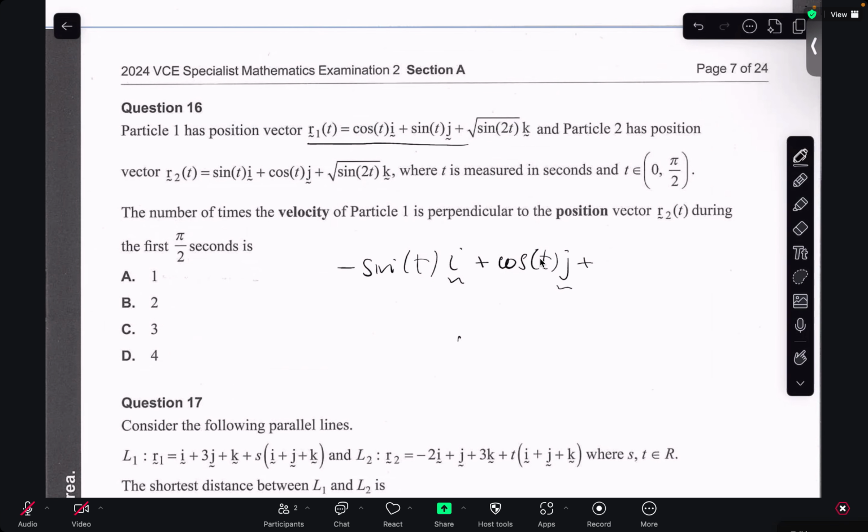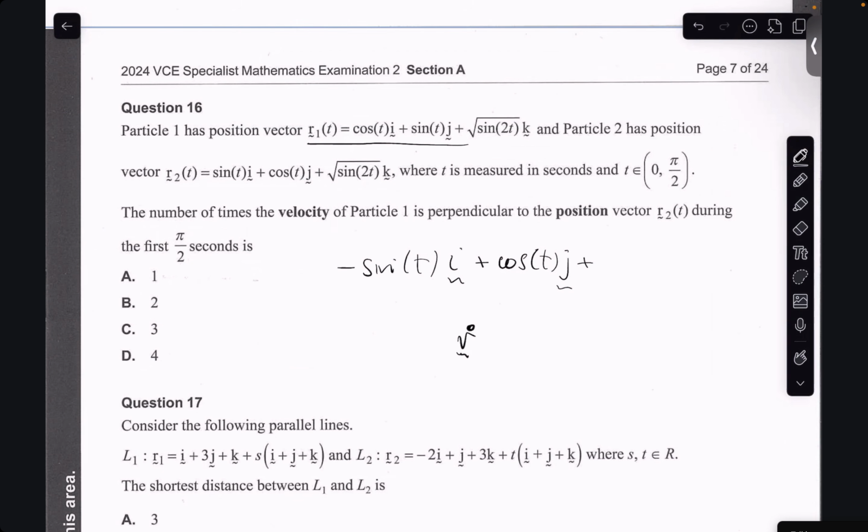I'm just going to say r dot t is perpendicular to the position vector of that. So dot r2 of t is equal to 0.